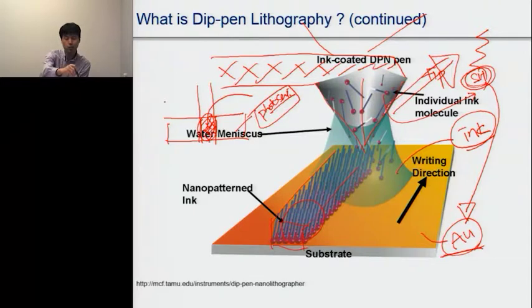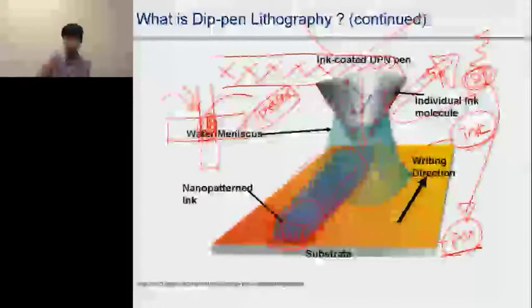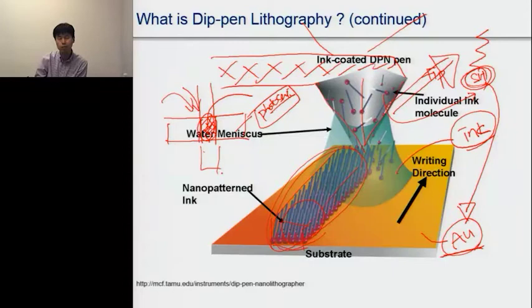And then during the following processes, we make the final material deposition or removal. But in dip pen lithography, it skips the exposure and development process, and it directly forms the target materials with whatever structures we want to achieve.